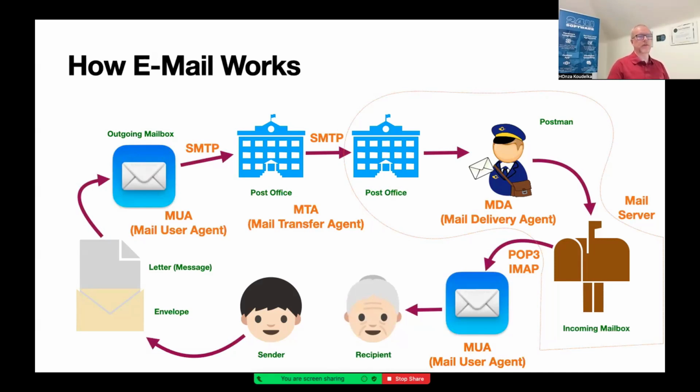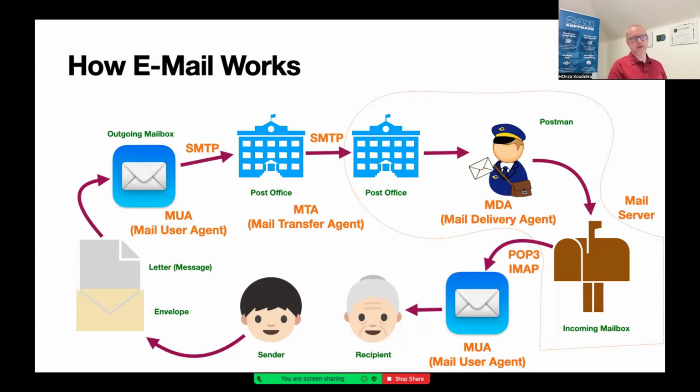And in today's implementation of email, basically what sits on the mail server is multiple items together. So it not only serves as the final post office, but it also hosts your mailboxes.